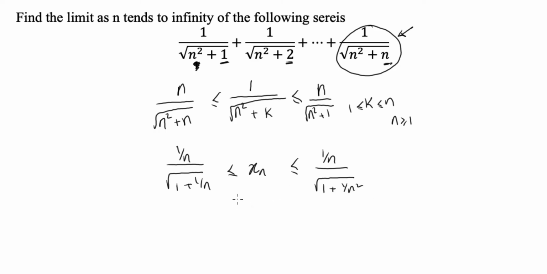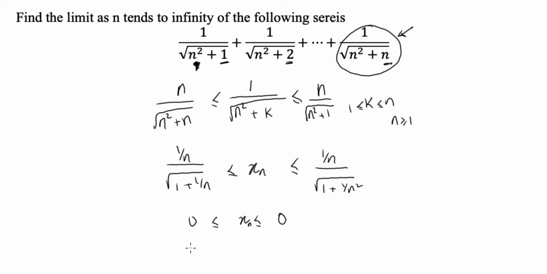Now I can evaluate the limit as n tends to infinity of both of these expressions, and I can see that the limit as n tends to infinity of this expression is 0, and the limit as n tends to infinity of the other is also 0, since 1 over n is 0, 1 over n squared is 0, and 0 over 1 is just 0.